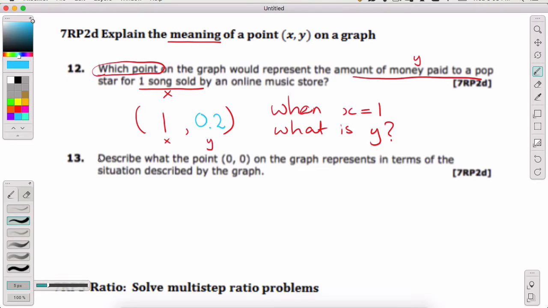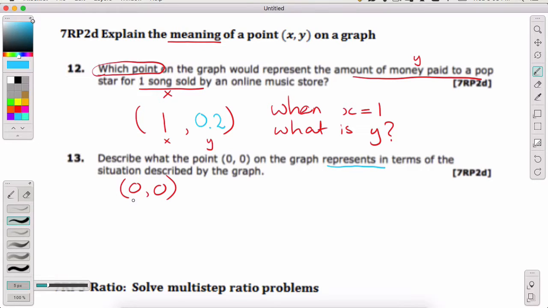Question 13. Describe what the point 0, 0 on the graph represents. Okay, now we're talking about what the graph means in terms of the situation described. Okay, so the point 0, 0.